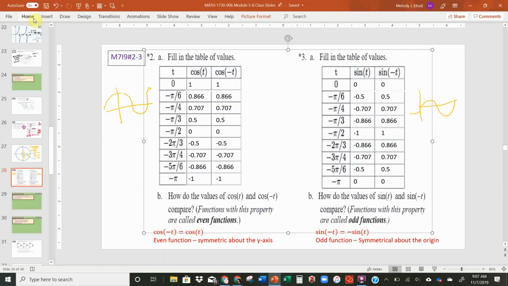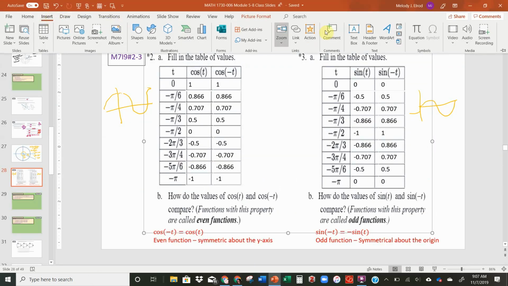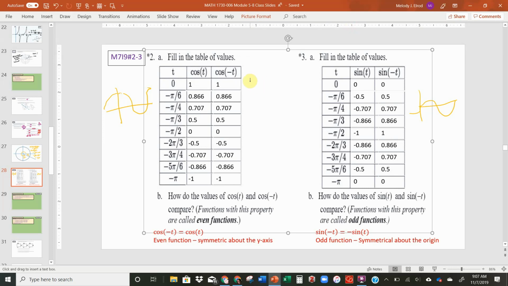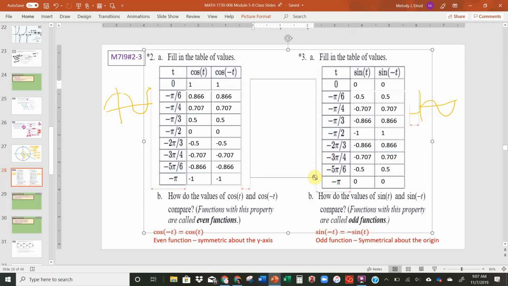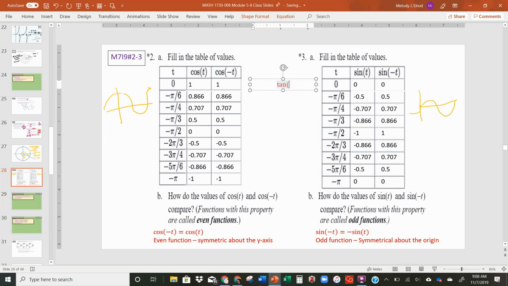So we can add a little piece of information here. Let's give ourselves an extra little text box that says the tangent of negative t is equal to the negative tangent of t, just like the sine function.